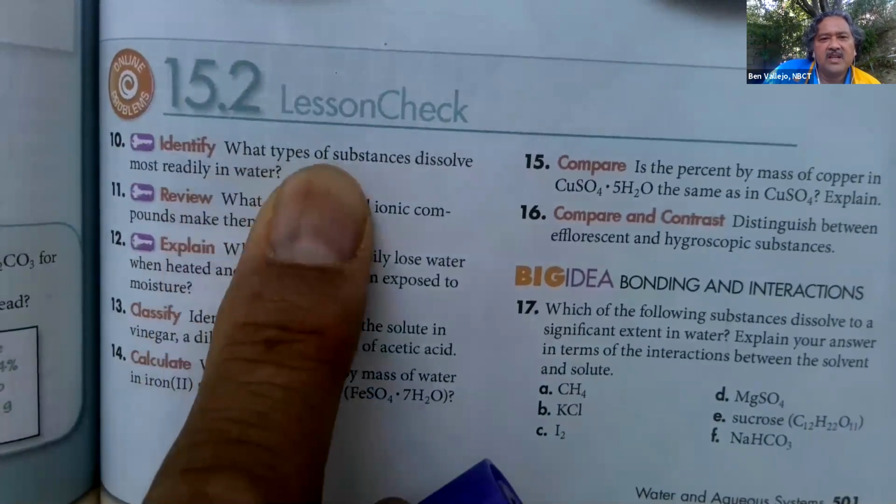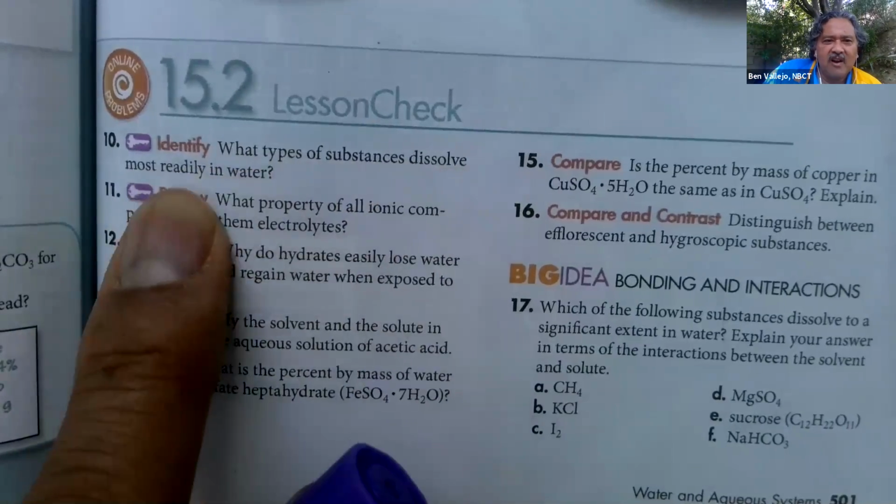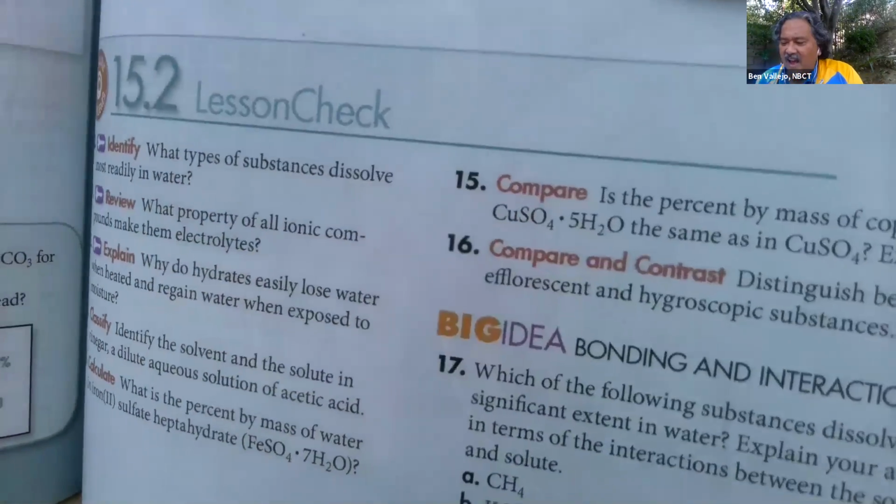Number 10 says, what types of substances dissolve most readily in water? And so the answer to that question has to do with the properties of water, actually. And the property of water that leads to all the other properties of water is the property of polarity.